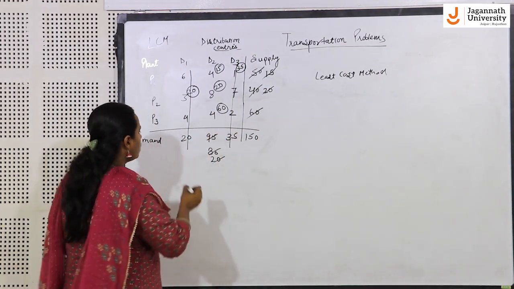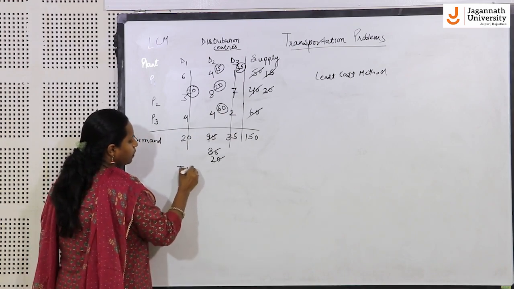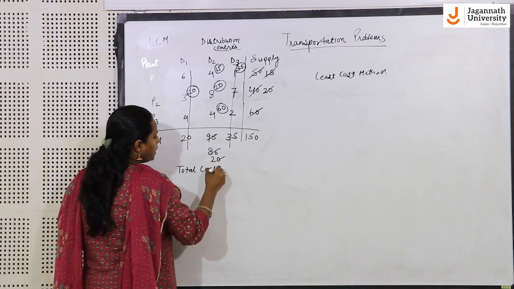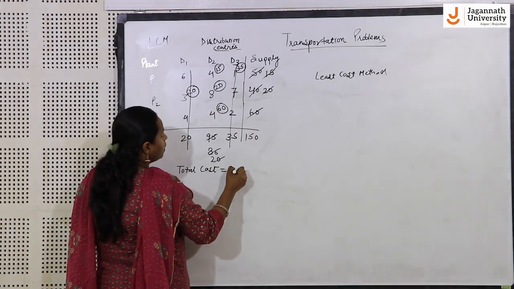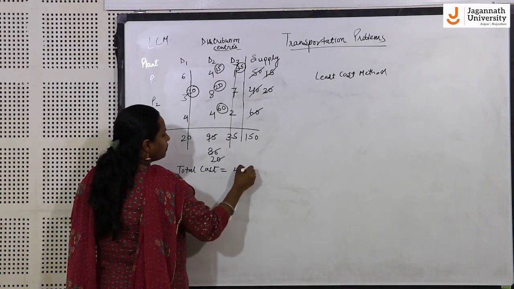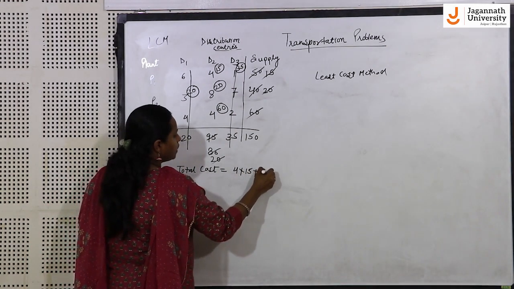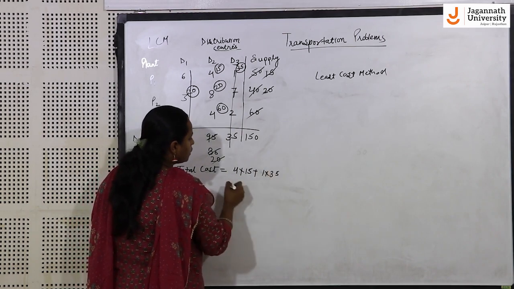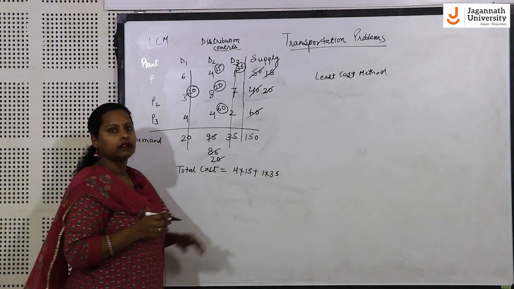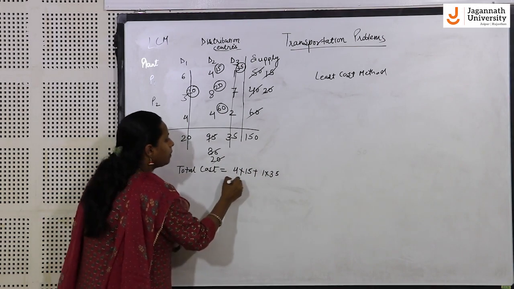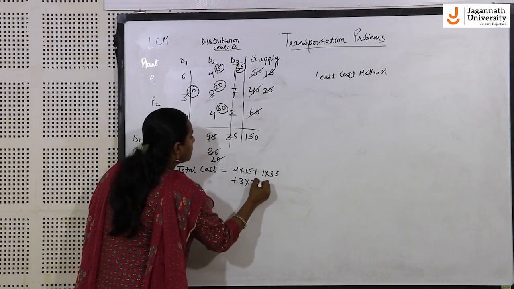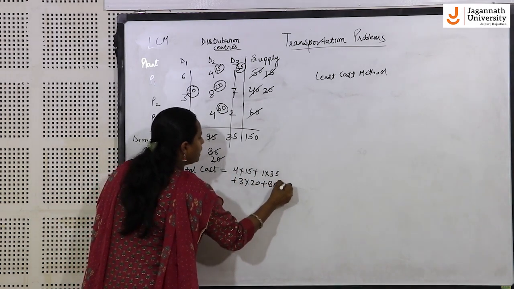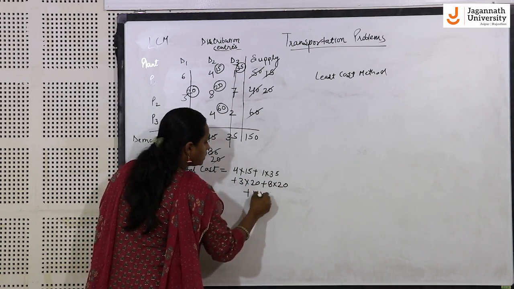Fine. So on this point the total cost will be 4 into 15 plus 1 into 35. You have to multiply all the allocations with the cost given here, plus 3 into 20 plus 8 into 20 plus 4 into 60.